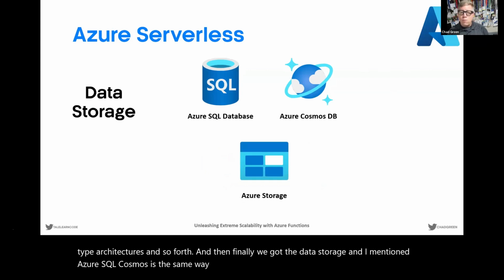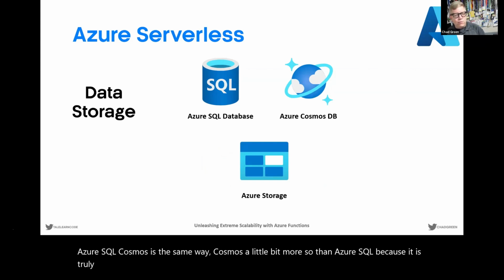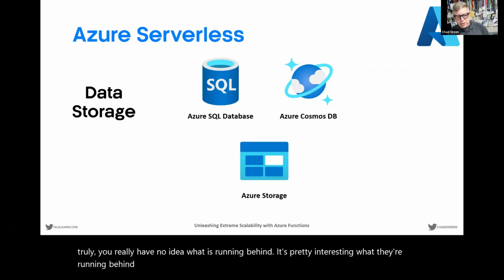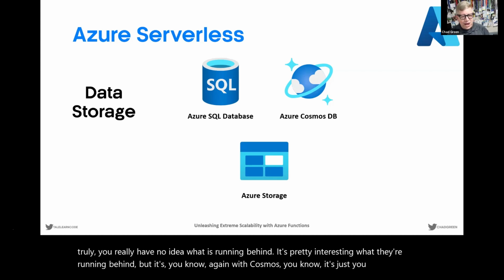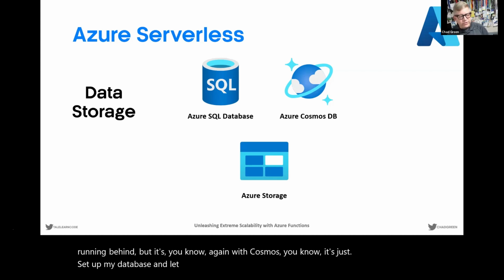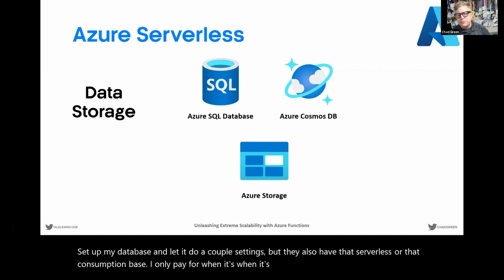Cosmos a little bit more so than Azure SQL because you really have no idea what it's running behind. It's pretty interesting what they're running behind, but again with Cosmos it is just set up my database and let it run, do a couple settings. But they also have that serverless or consumption-based option. I only pay for when it's actually in use, and that's great.